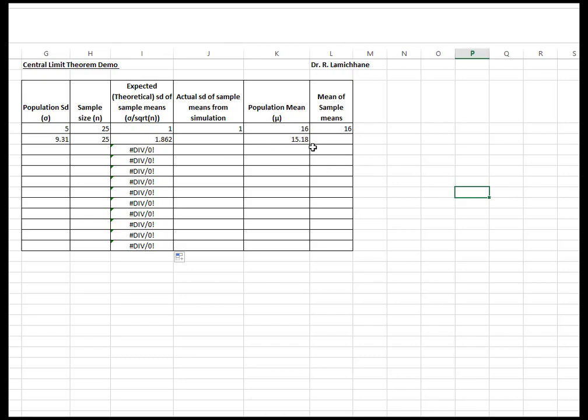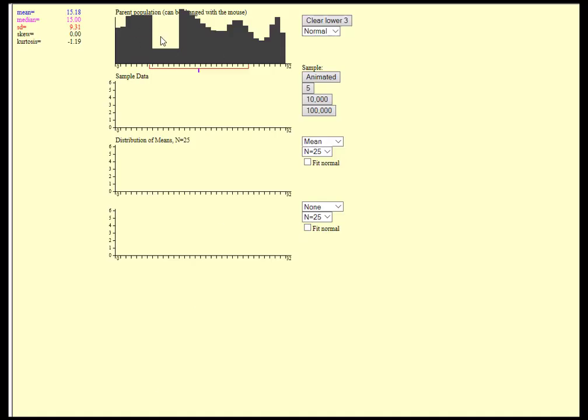And I also want to see whether I can come close to this population mean just by using the sampling distribution. Now let me go back here. So this is our population which has the weird shape. Now let me take a sample of size 25. Just take one sample first. Since this data is very spread out, it has larger variance.